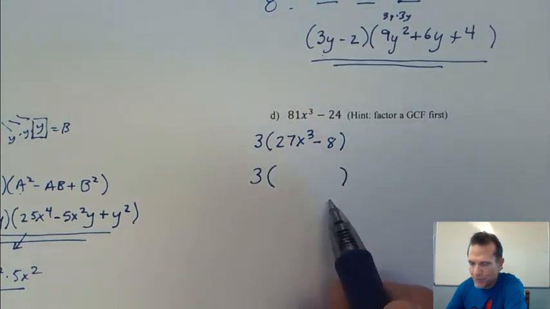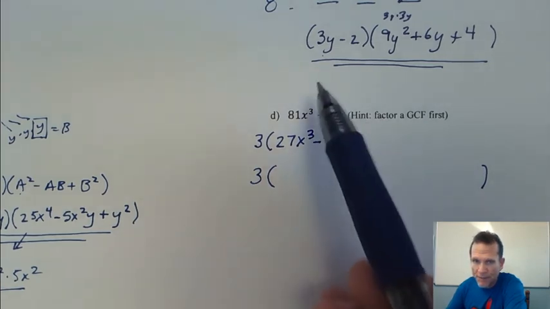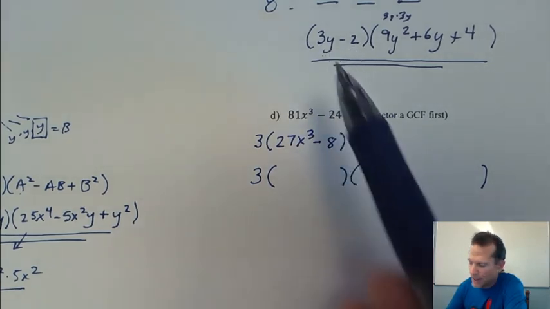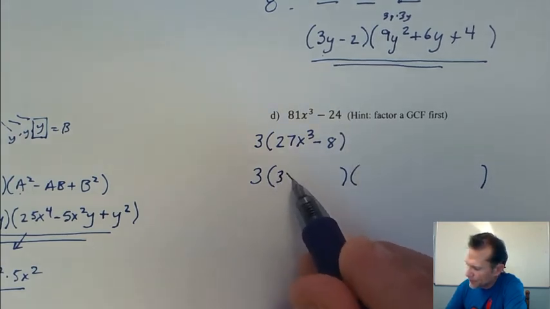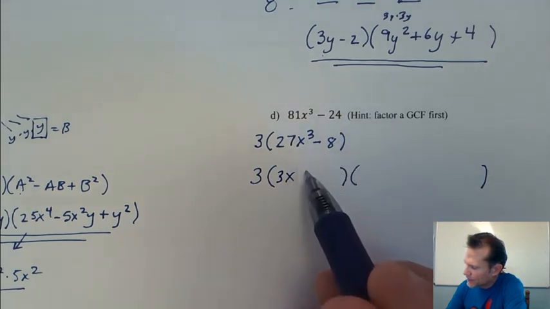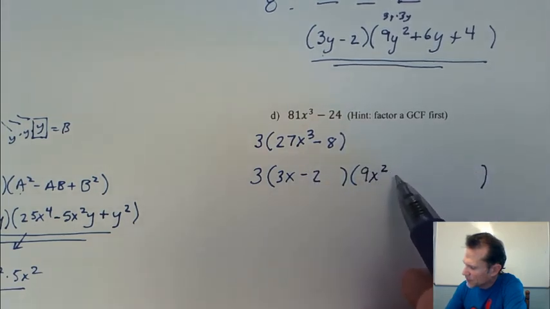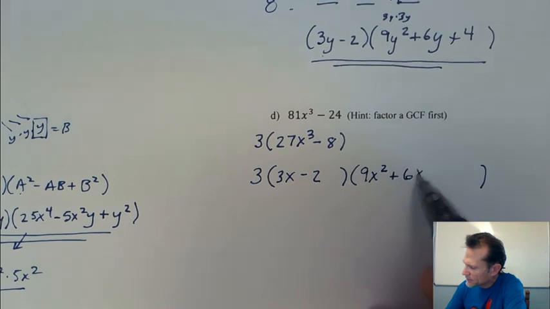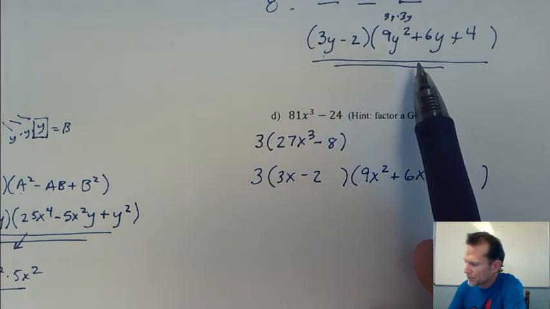We have 2 terms in this parenthesis, and then 3 terms in the second parenthesis, so I write a little larger parenthesis. And I'm going to have, looking at my previous answer here, and you wouldn't have to look at your previous answer, but we've already worked one of these out, we have 3x minus 2, 9x squared plus 6x plus 4. Okay, you see how it's similar to the one before it.